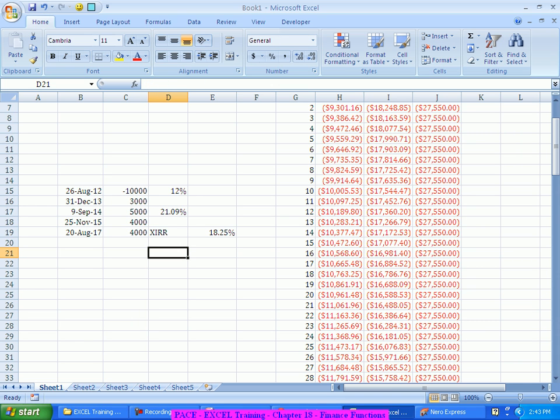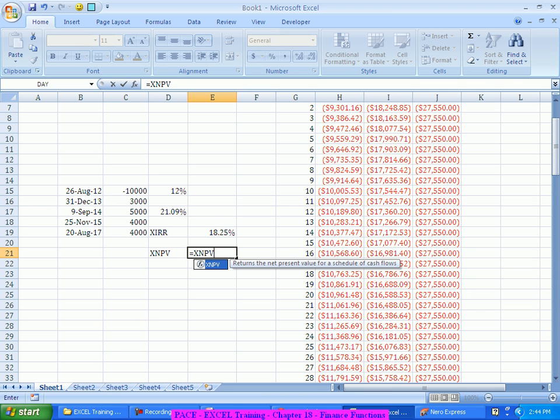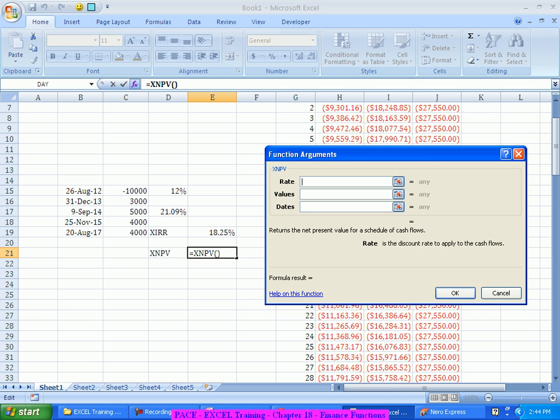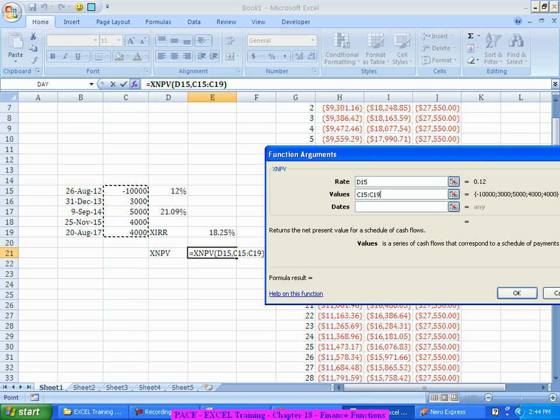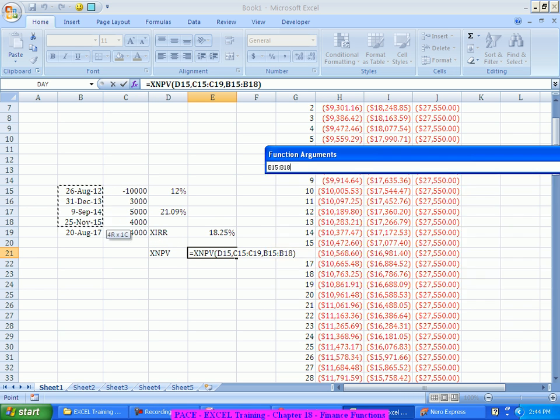Because here the time periods of payment are different, I will talk about XNPV here. I'll give the rate. Rate I am saying 12%, because here my objective is 12%. The values are this, and the dates are this.